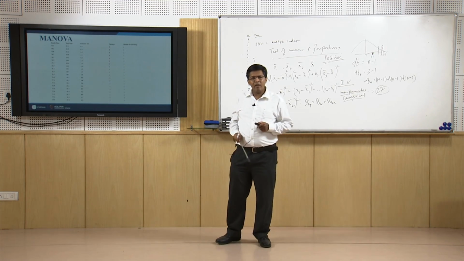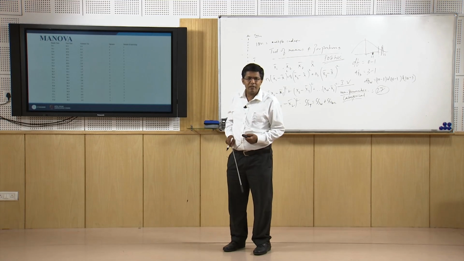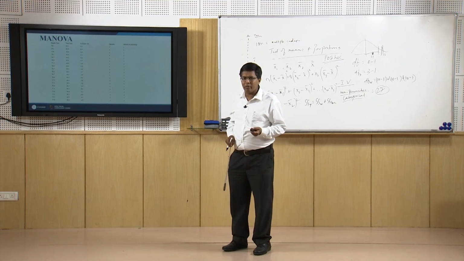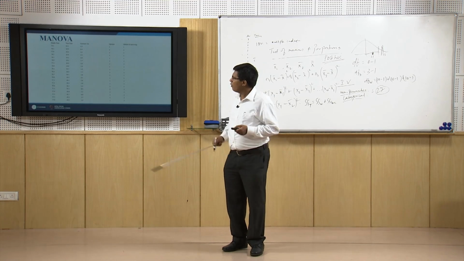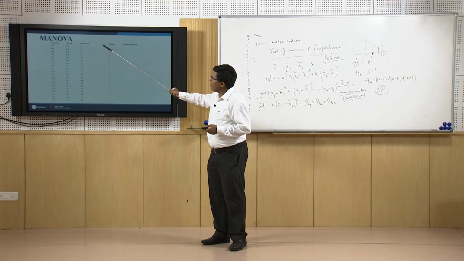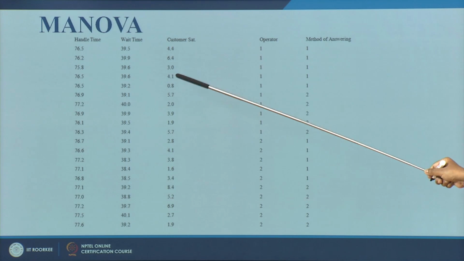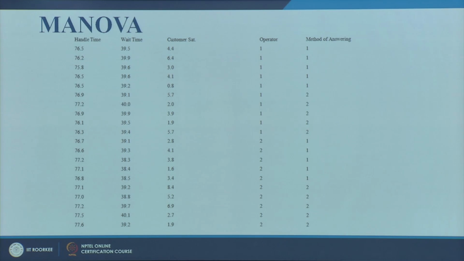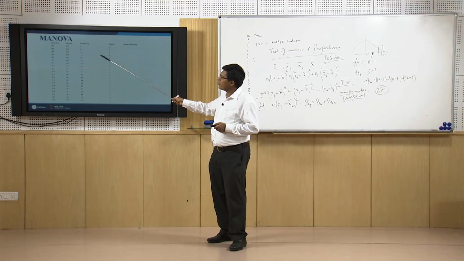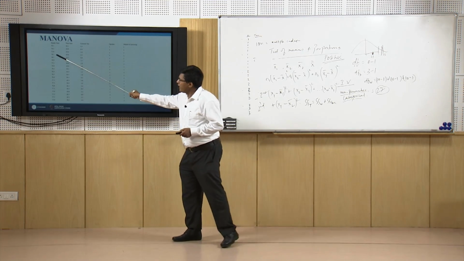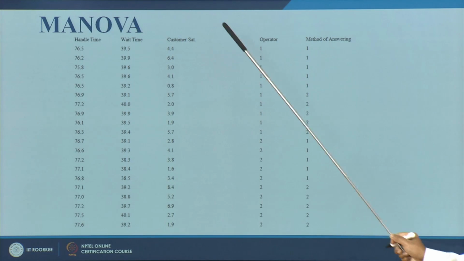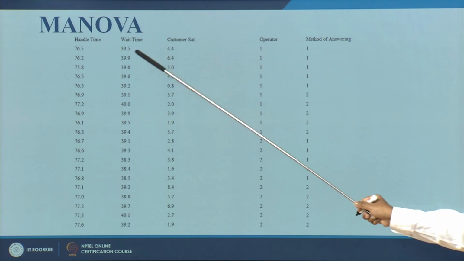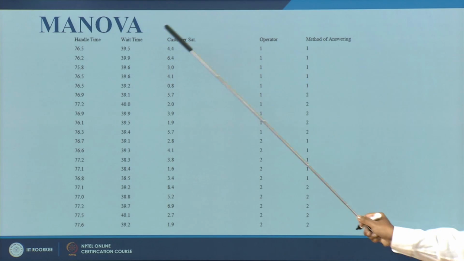The question is then why couldn't you do two ANOVAs, right. You might be asking yourself why I did not do two ANOVAs individually, taking one dependent variable at a time. If I do this, see how many combinations are coming: handle time with operator only, or handle time with method of answering, waiting time again.